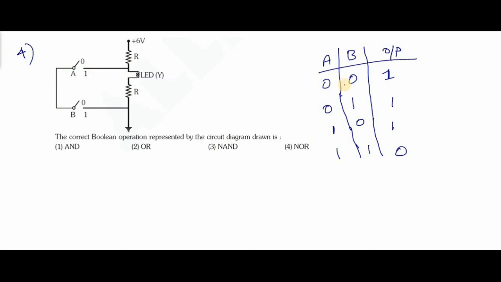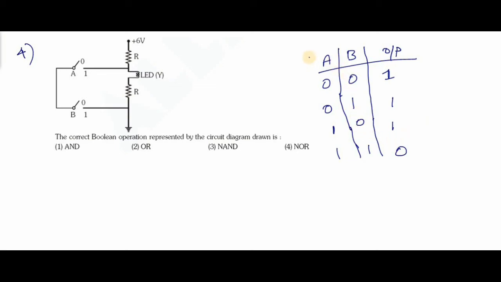So when both the keys are open, 0 0, LED will glow. When A is kept open and B is closed, the LED will also glow. When A is closed and B is kept open, LED will glow. When both the keys are closed, LED will not glow.